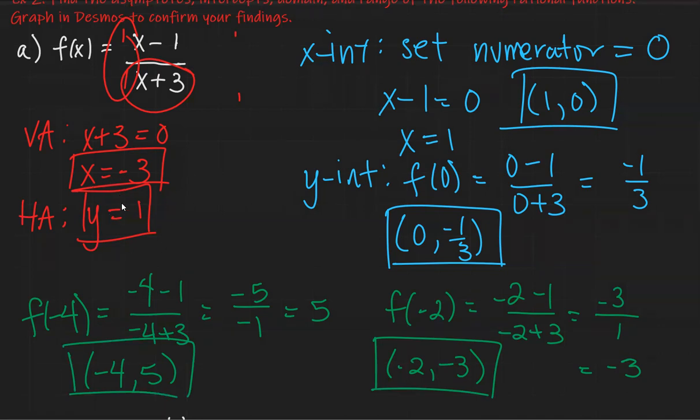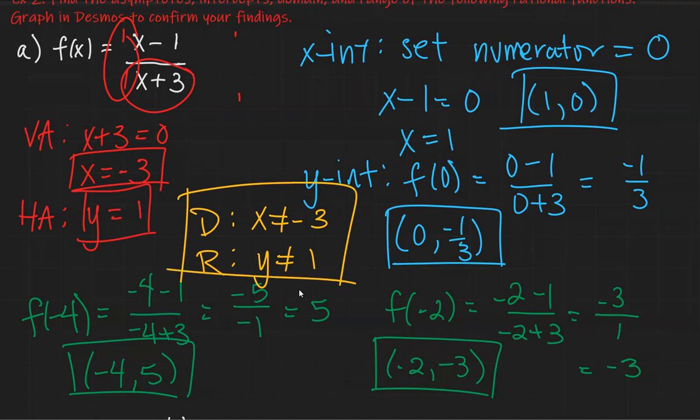We found our asymptotes. We found the x-intercept, the y-intercept, some extra points on the graph. Let's go ahead and finish up with our domain and range. It's always just based on the asymptotes. Our domain, it's everything except -3, so x cannot be -3. Our range, it's everything except 1. So y cannot be 1.